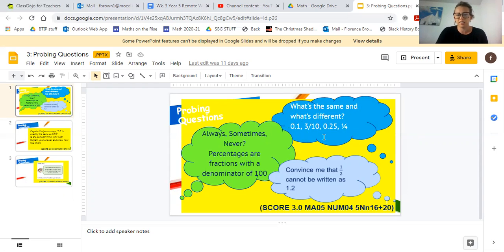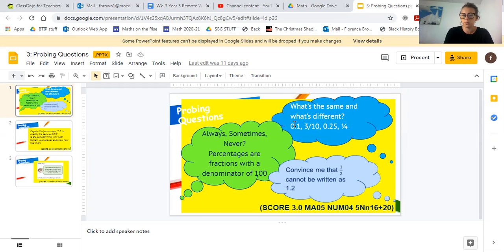So I don't want to just see 0.1 is smaller than 0.25. I'd like you to show me how. So if you were saying that, you would show 0.25 on a scale, or on a number line, sorry, and or you might show it in its tenths or hundredths. So whatever you say that's the same and different, I'd like you to back up with some reasoning there.